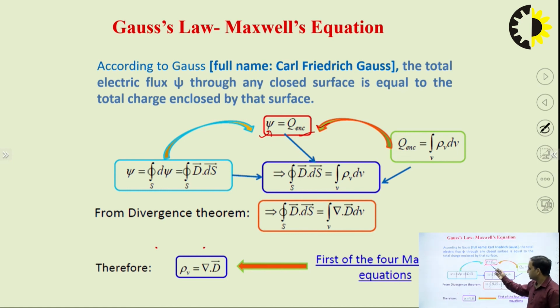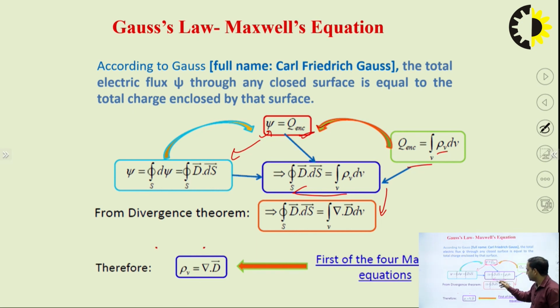Okay, so just apply this law, that is phi is equal to the closed integral of D dot dS. This is the total flux, and Q enclosed is the total charge in the given volume. Obviously this involves the volume charge density. So when we combine these two, the equation becomes like this. After this, we apply the divergence theorem. As you are aware, the divergence theorem relates the closed surface with the volume.